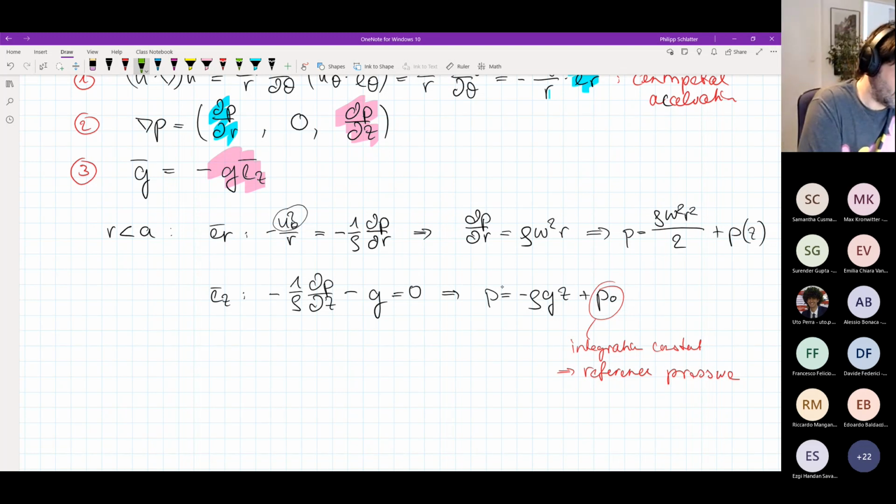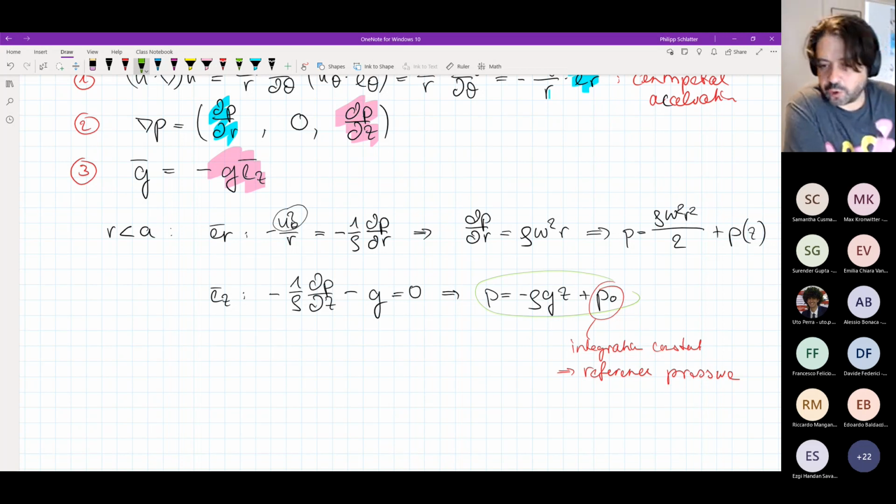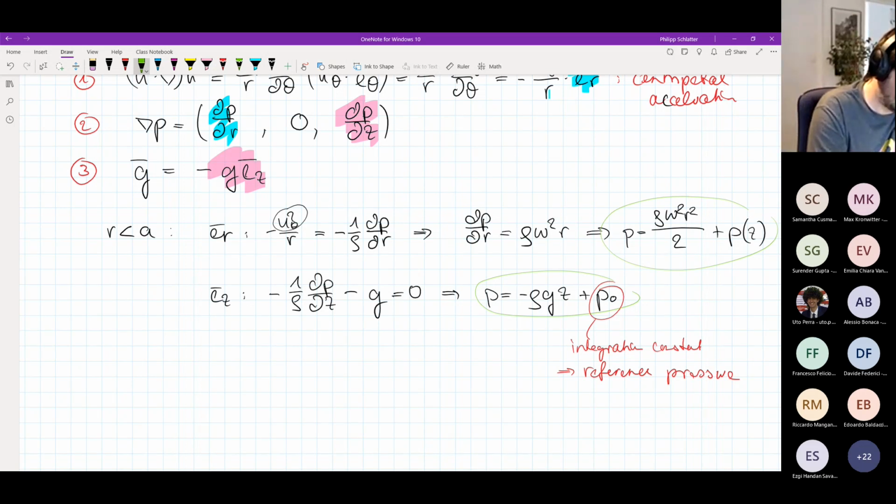From this equation we have the vertical dependence of the pressure, and from this equation we have the radial dependence of the pressure. The vertical dependence, that is what we would call the hydrostatic pressure.